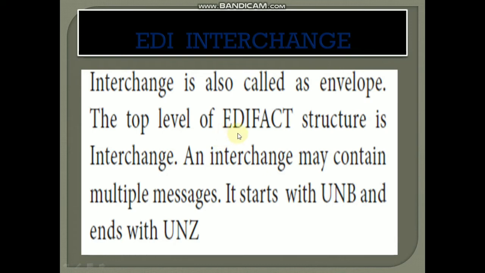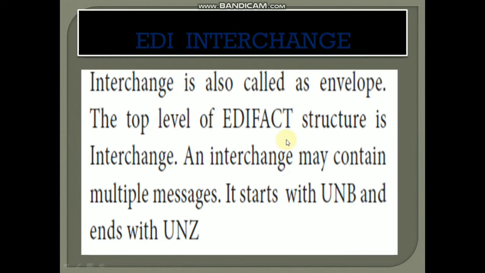The top level of EDIFACT structure is an interchange. This is also another 1 mark question. The top level of EDIFACT structure is called interchange, whereas it is a piece of data between your segments. It starts from UNB and ends with UNZ. This is another 1 mark question.